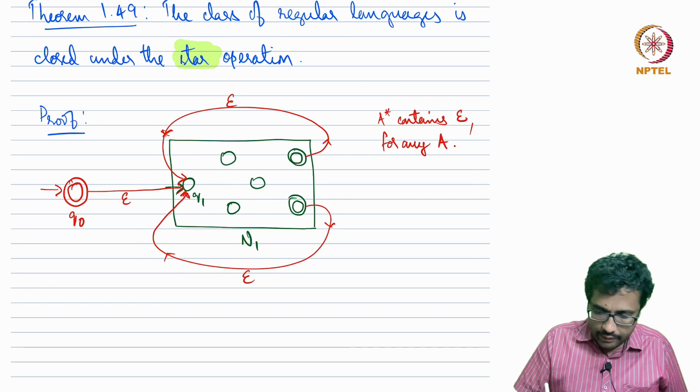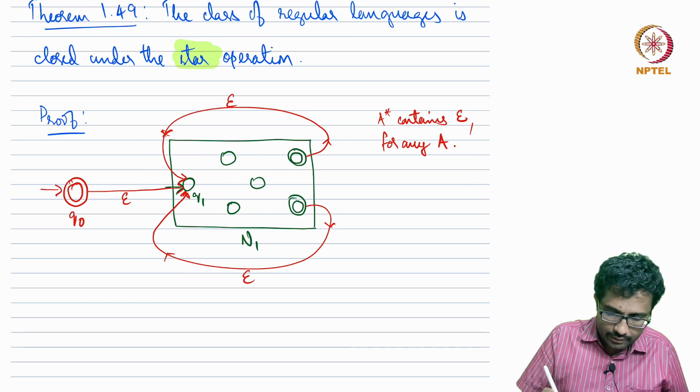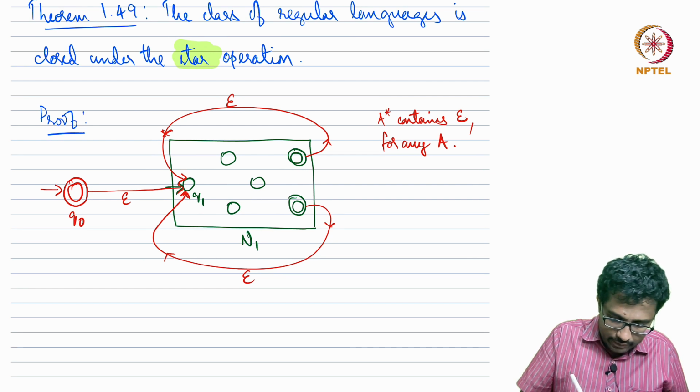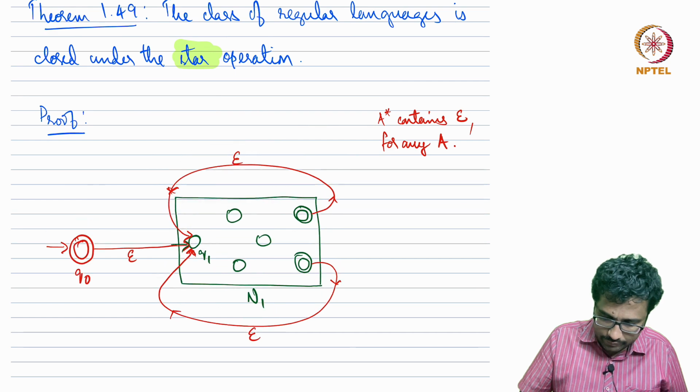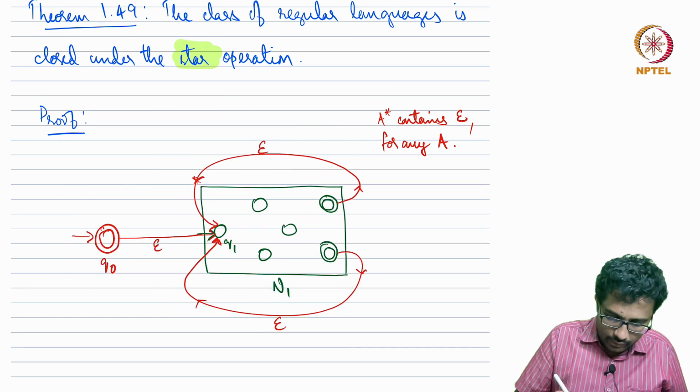And now, what is N? Maybe I'll just pull it down a bit so that I can draw a box around this. Right, N is this.